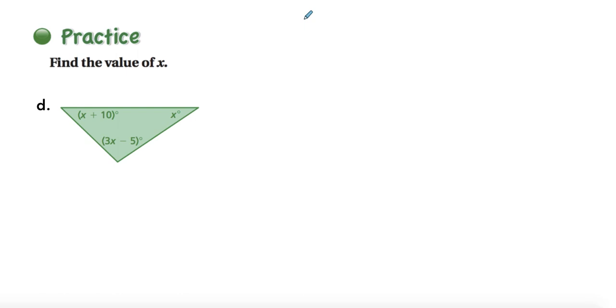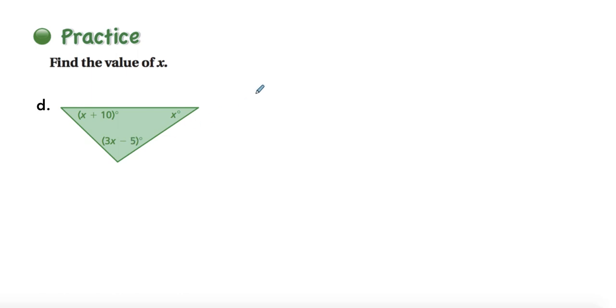Let's try a more challenging problem. We want to find the value of x given the angles x plus 10, 3x minus 5, and x. So our rule is still the same. When I add up every angle in my triangle, it is going to equal 180 degrees.